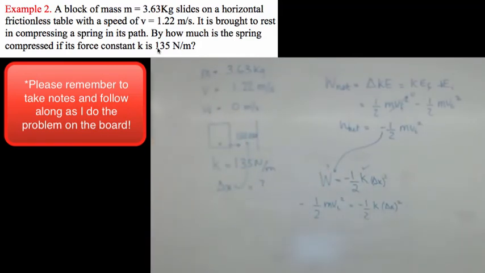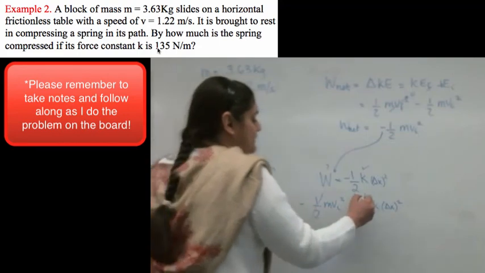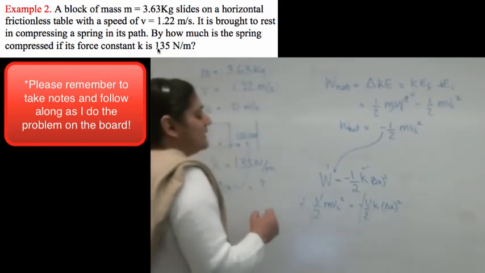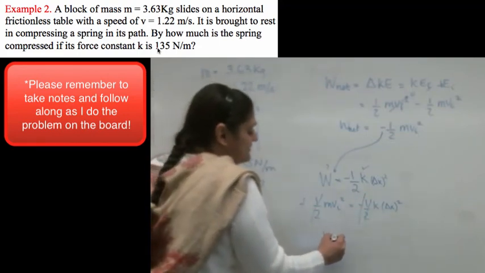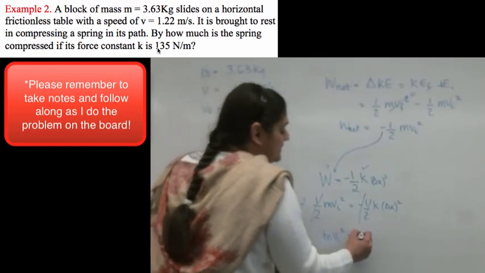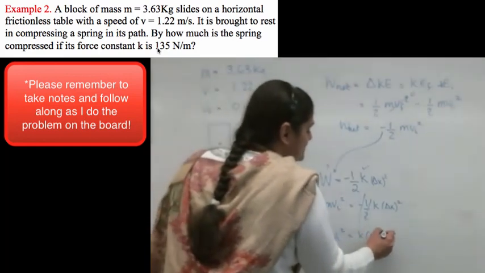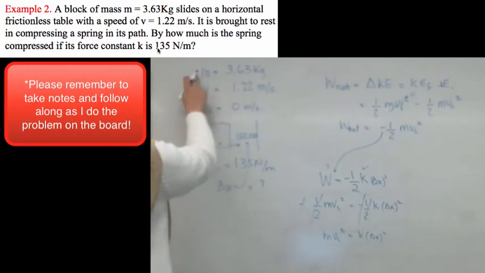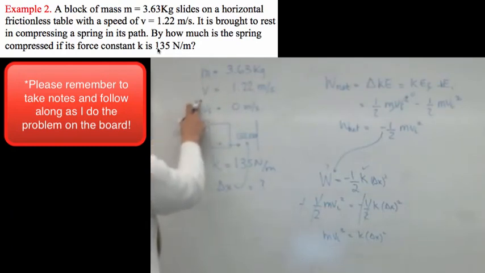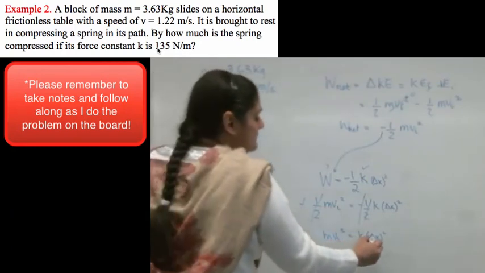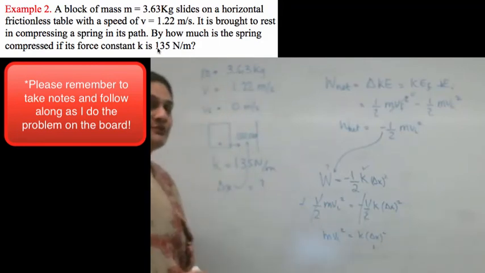Now do I have all the values that I'm going to need? The half goes away, the minus goes away, right? I have m vi squared equals k delta x squared, right? So I have m, I have v, I have k, I can solve for delta x. And I'm going to leave that up to you guys to solve.